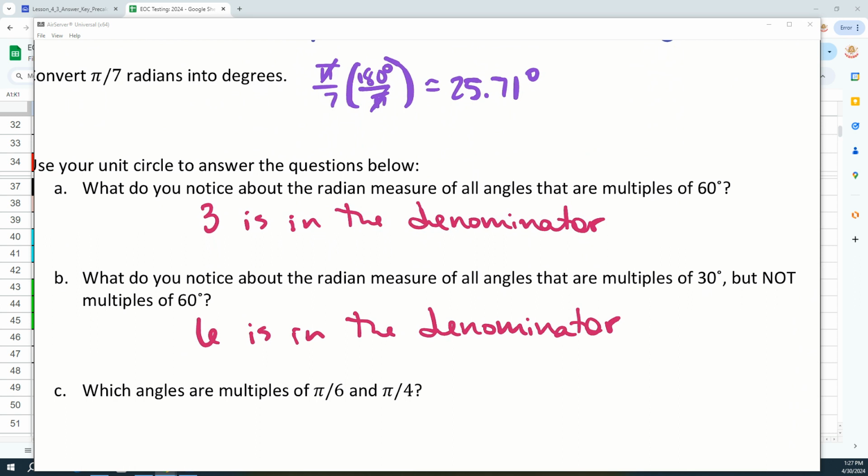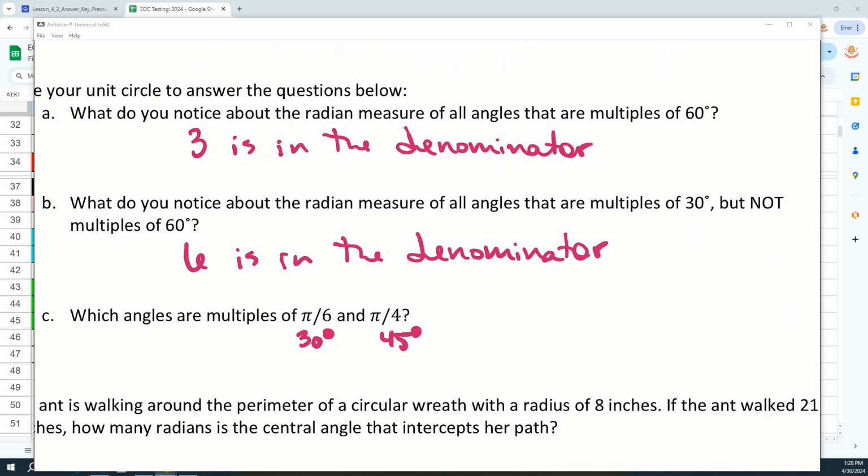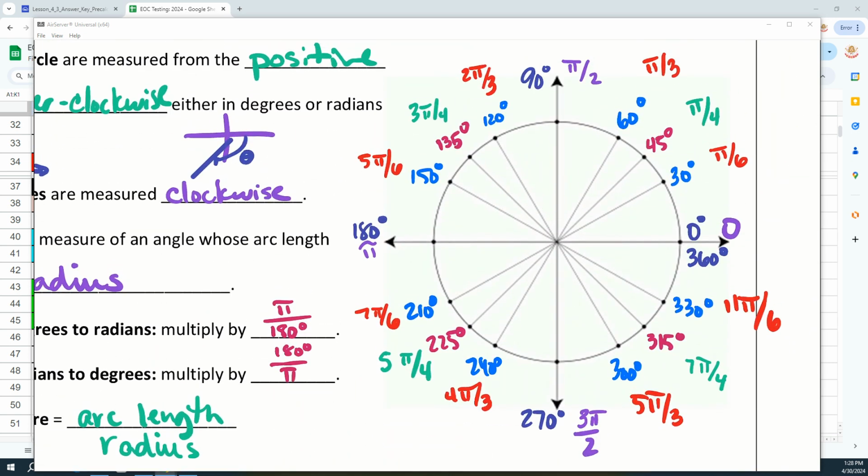C, which angles are multiples of pi over 6 and pi over 4? Right now, I think it's hard for you to think in terms of radians, but it's easier to think in terms of degrees. So we want to know all of the angles on this unit circle that are multiples of 30 degrees and 45 degrees. All right, so multiples of 30 and 45 degrees. 90.